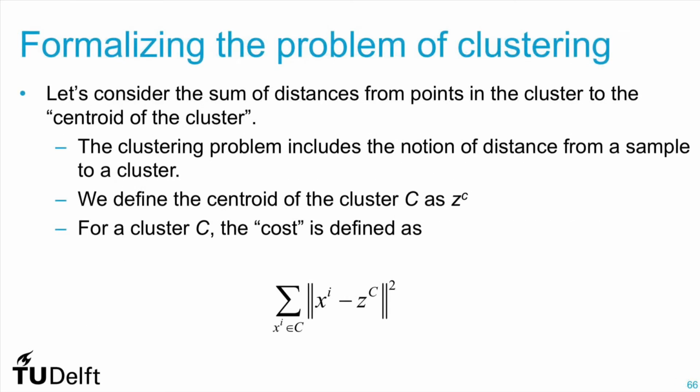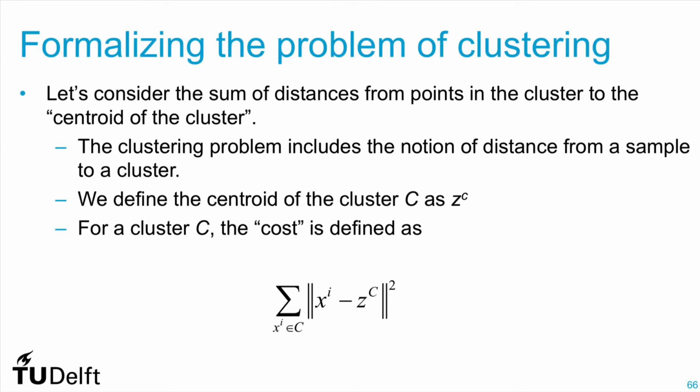Let's consider as an example of cost function the sum of the distances from points in the cluster to the centroid of the cluster. In this case, the clustering problem will include the notion of distance from a sample to a cluster.